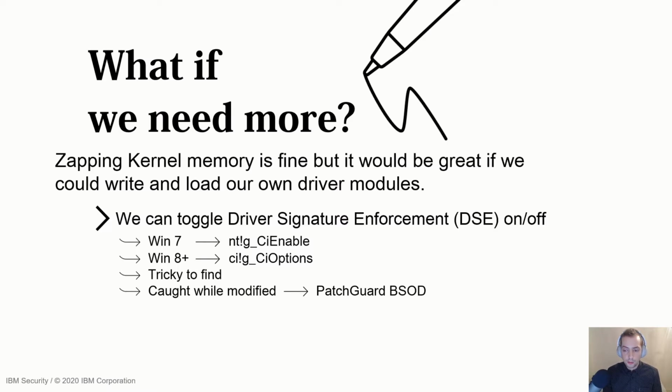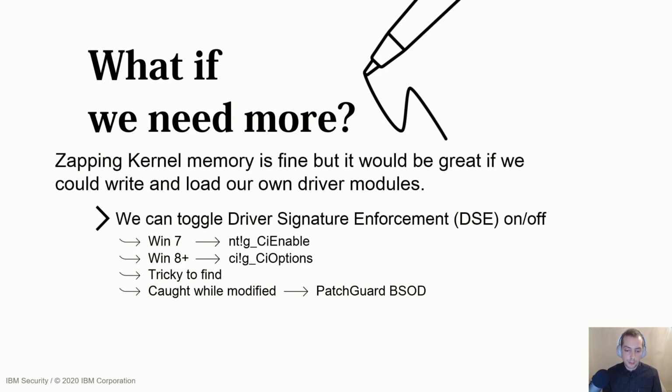So as we mentioned earlier on in the talk, there are some globals in the kernel which manage what the current driver signing policy is. We can see here on Windows 7 there's a global g_CiEnabled, and on Windows 8 Plus there is g_CiOptions. Okay, these are kind of tricky to find, both of them.